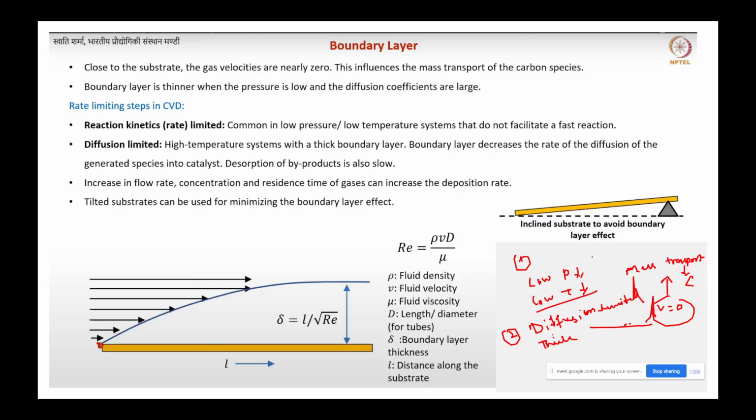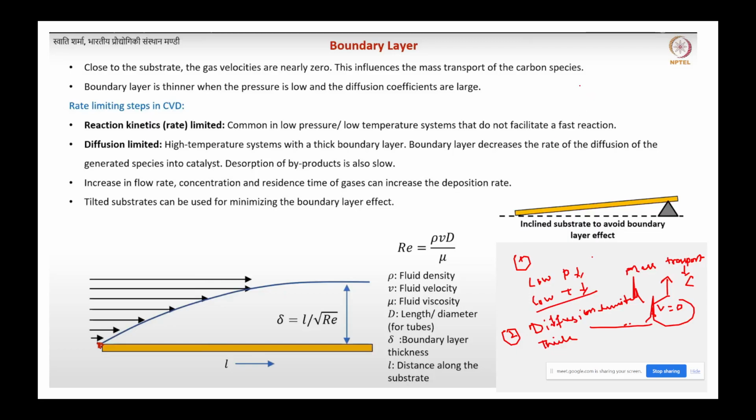Now the boundary layer decreases the rate of diffusion, because it is thick, of the generated species to the catalyst. Desorption of byproduct is also slow. So here also the increase in flow rate, concentration and residence time of gases can increase the deposition rate.